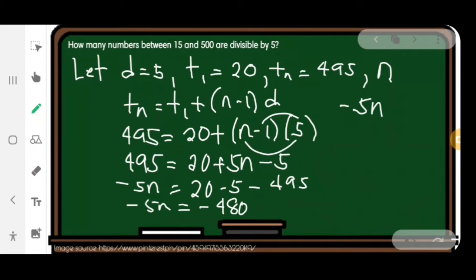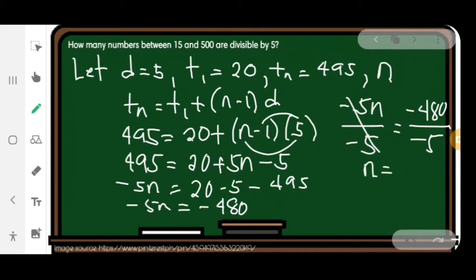Then we are going to divide both sides by negative 5 because the only variable that should be left on the left side is n. That is why we need to divide both sides by negative 5. So negative 5n over negative 5 is equal to negative 480 over negative 5. So negative 5 divided by negative 5 is 1.